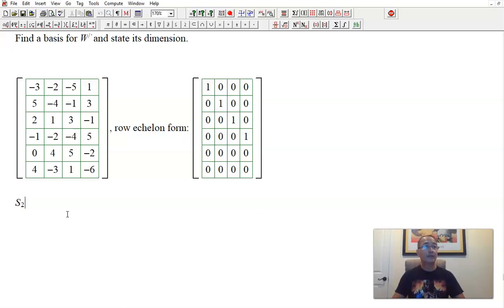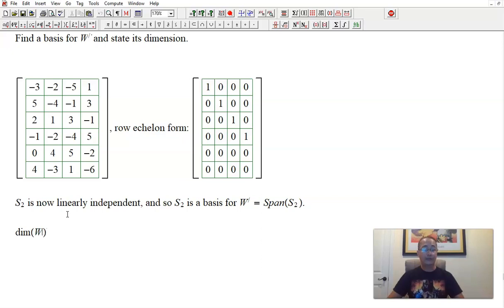So we said that S2 is now linearly independent, and so S2 is the basis for W prime, which again is the span of S2. And we also can say that the dimension of W prime is now 4 instead of 3.